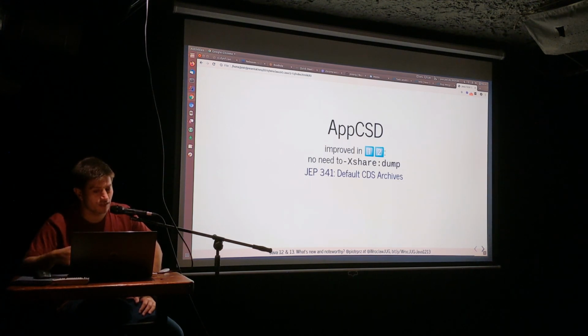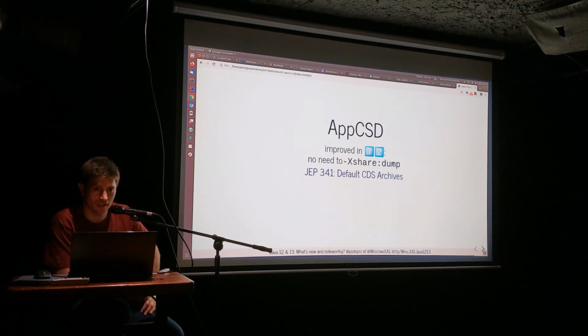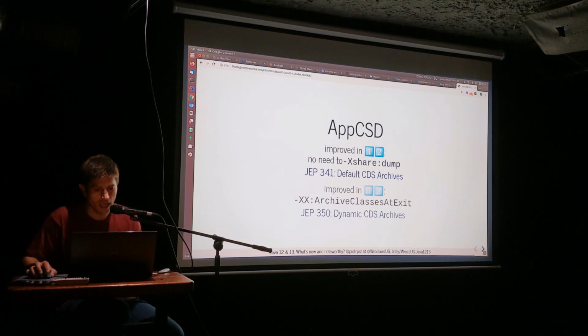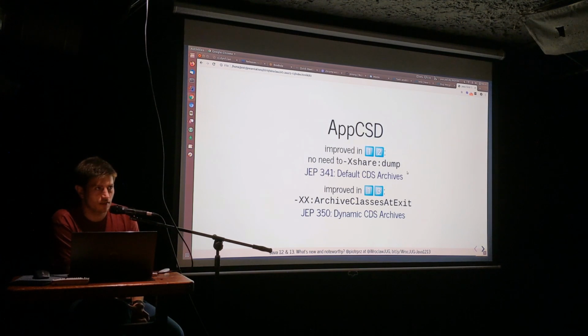And the thing with Java 12 is that now Java comes with its own class data sharing archive already enabled. Previously, it had to be done by the installer. When they release JDK 12 and above, you will get the CDS archive within your JDK distribution. And they also simplified the way the so-called dynamic application class data sharing archives are created, because previously, until Java 12, you had to first create the list of the classes manually or dump the list of the classes.